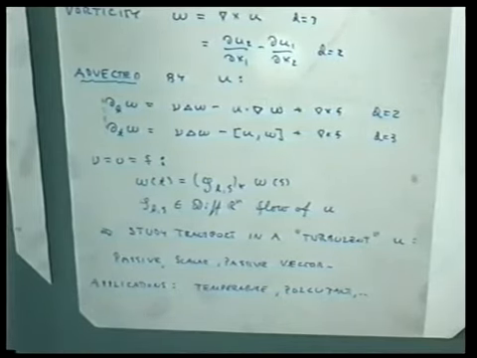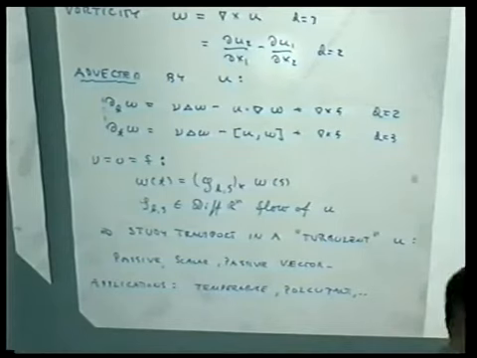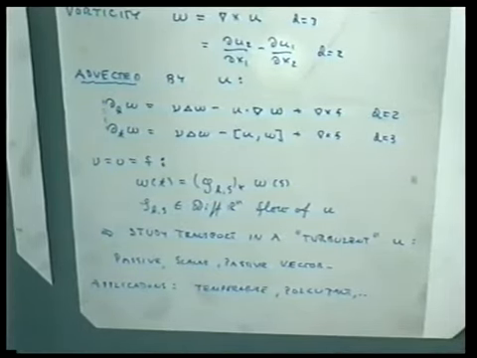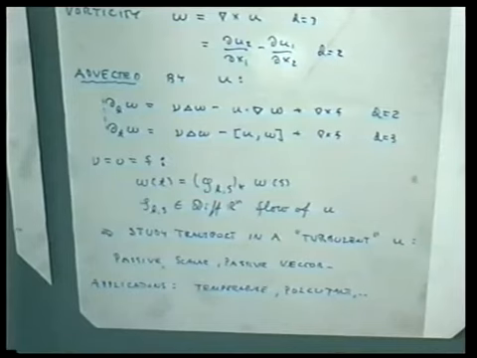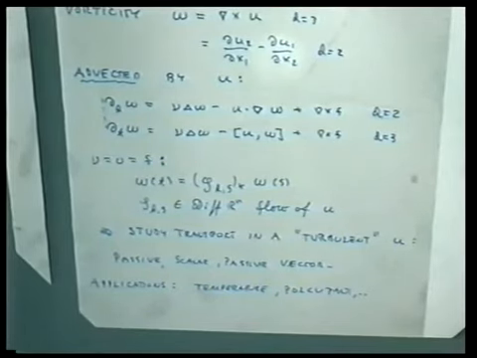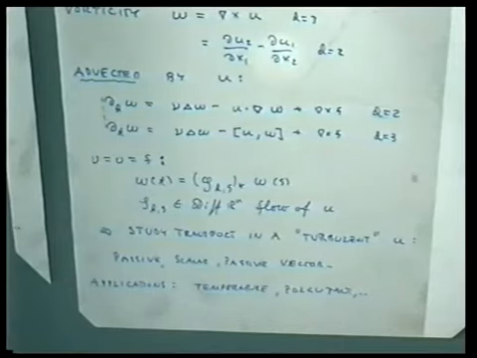That, of course, from the point of view of applications, has huge importance if you think about, say, pollution in groundwater due to toxic waste flowing. That's a particular case of advection of a passive scalar, namely the equation we are studying.